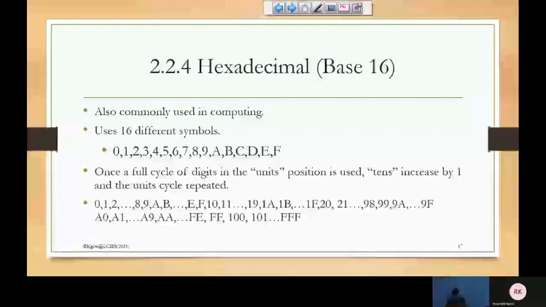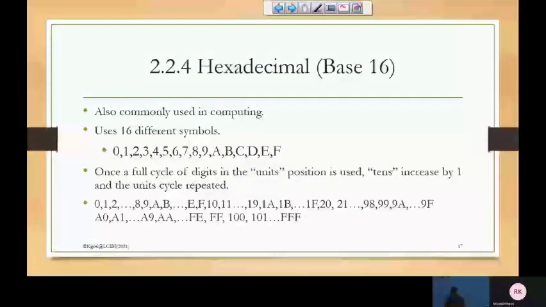So we are forced now to take A, B, C, D, E, and F. So any number that contains any combination of those 16 is actually a valid number. But if it's got a G, or if it has an X in it, then it's not a number. It's only a valid number if it goes all the way up to the letter F only. So one full cycle there.